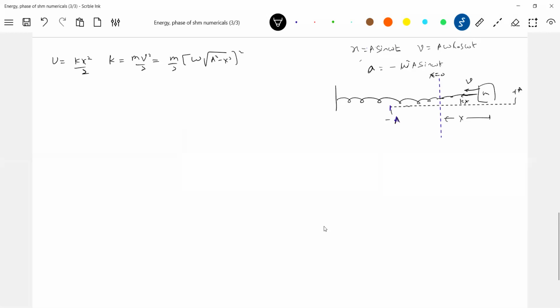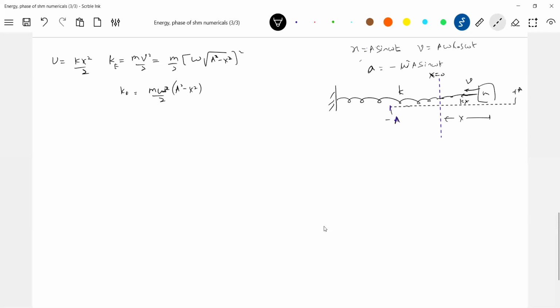So the equation for this kinetic energy will be KE equal to m omega square by 2 times a square minus x square. Agreed? So this is the expression for the kinetic energy. Let's plot it as a function of position of the block. What is x? I'll measure x from the mean position, x equal to 0. Getting the idea?